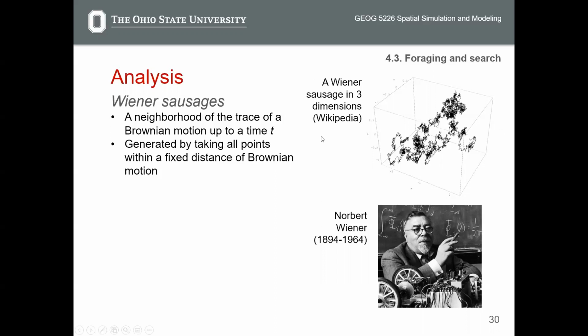Okay, so what is a Wiener sausage? It is a sausage with a specific radius. You can see here a Wiener sausage in 3 dimensions. If we collect all those trajectories of particles and project this 3D trajectory to a 2D surface, you should have a sausage-shaped polygon. See that, right?